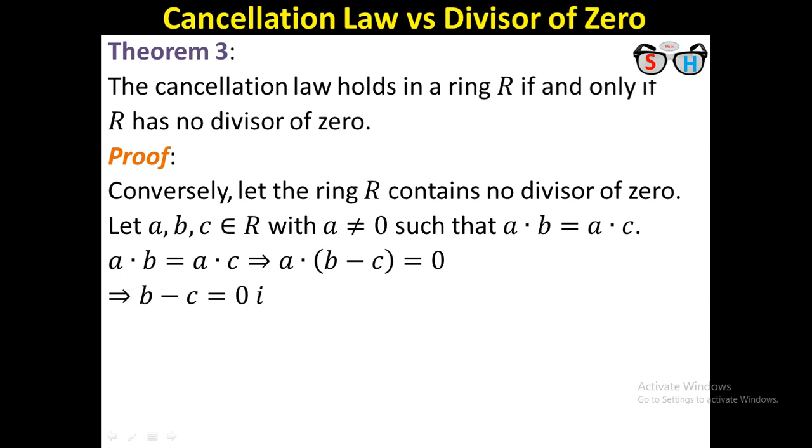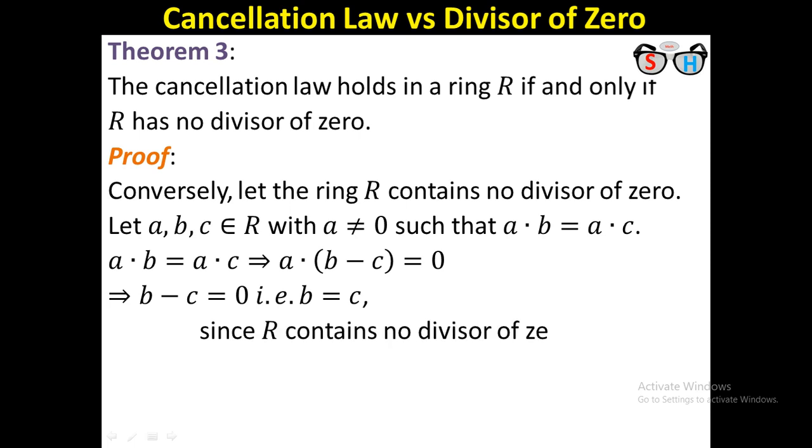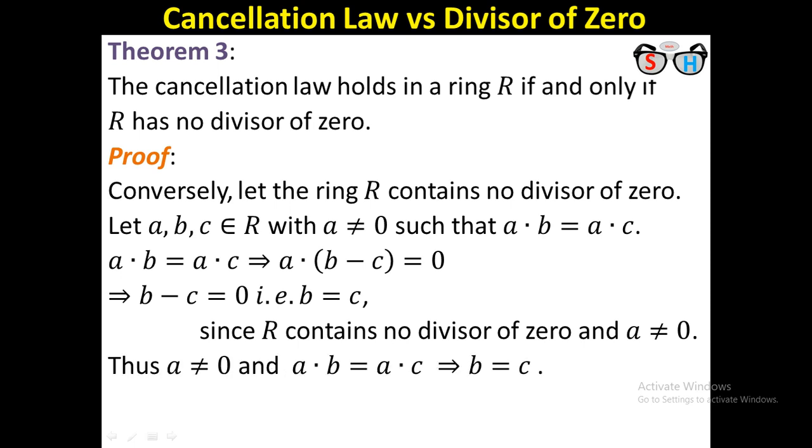That means B equal to C. This is because R contains no divisor of 0 and A is a non-zero element in R. So we show that for any three elements A, B, C with A non-zero, A dot B equal to A dot C implies that B equal to C. So the left cancellation law holds in the ring.